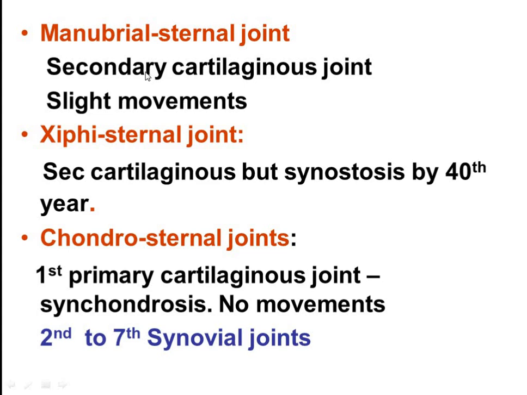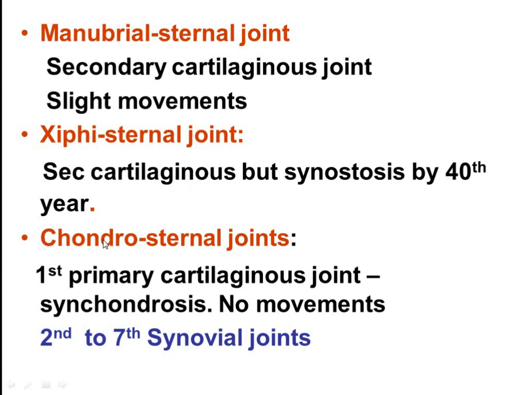Since it's a secondary cartilaginous joint, slight movement is possible. The xiphisternal joint between the xiphoid process and the body of sternum is also secondary cartilaginous, but by the 40th year of life, it fuses and synostosis takes place, so no movement is possible.